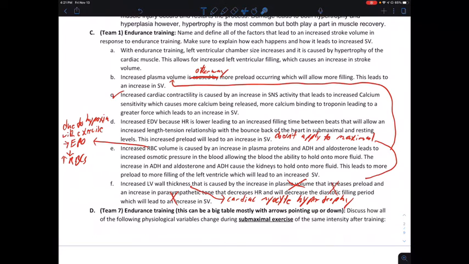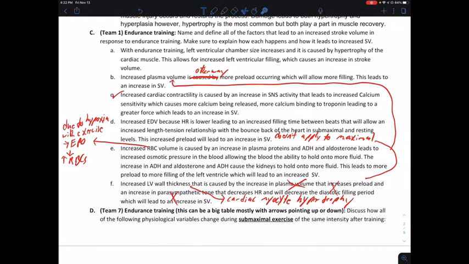All right, so then after the red blood cell volume one, let's look at here at C. So this increase in cardiac contractility, we see that with increase in SNS activity, as this group said, especially at maximal exercise. And that would increase calcium release, and calcium sensitivity changes all throughout, not just at maximal exercise, but both submax and max.